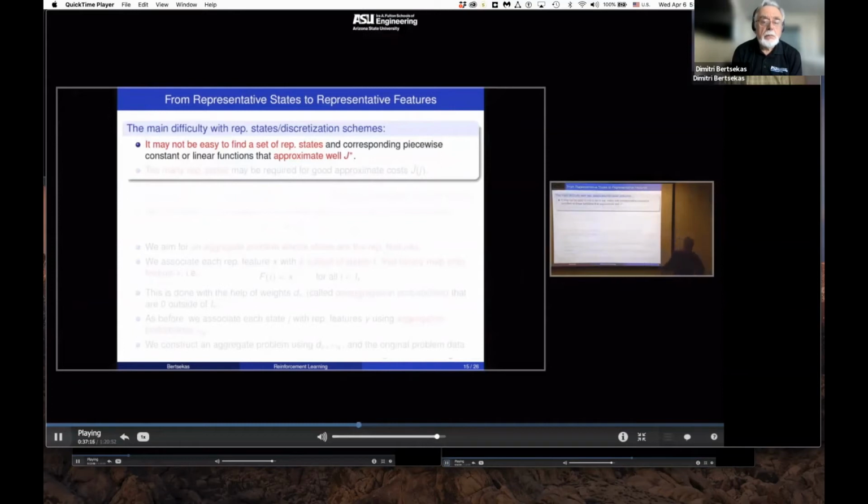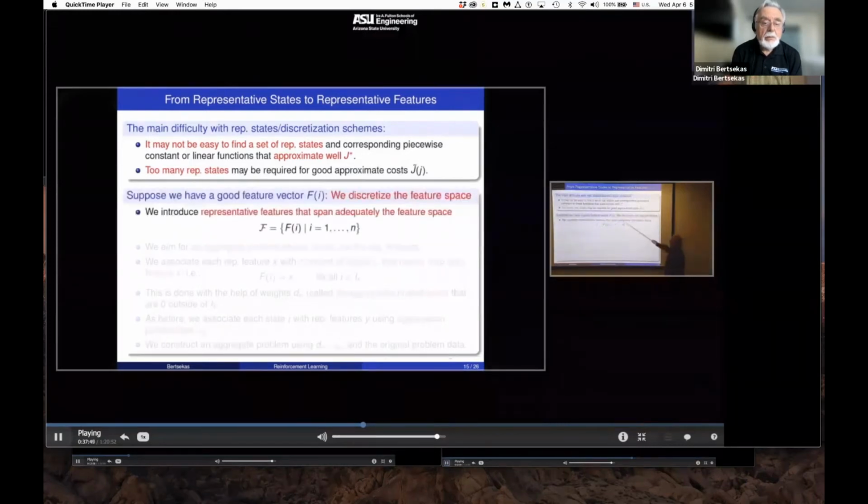If you do blind discretization, you can't figure out where J star changes by a lot or by a little. So some parts of the state space may need more representative states and others may need less. So if you go blind into a given problem, it may be hard to find a good set of representative states. They may be too many, in other words. You may have to go to a very large number before you get into a good approximation of J star.